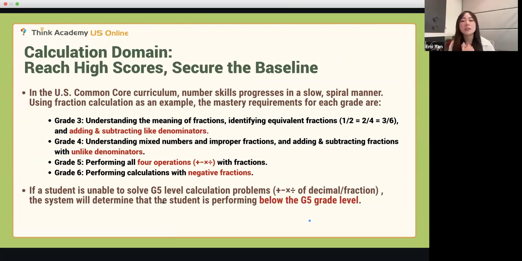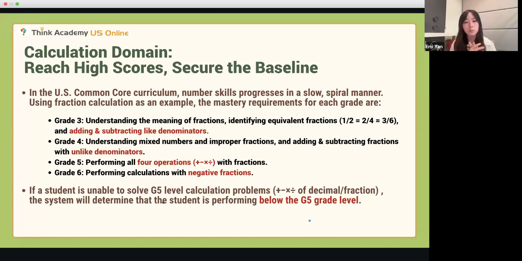In the US Common Core curriculum, number skills progress in a slow but spiral manner. Using fraction calculations as a sample, the mastery requirements for each grade are: for grade 3, understanding the meanings of fractions, identifying equivalent fractions, and adding and subtracting like denominators. For grade 4, understanding mixed numbers and improper fractions, and adding and subtracting fractions with unlike denominators. In grade 5, performing all four operations with fractions: plus, minus, multiplication, and division.